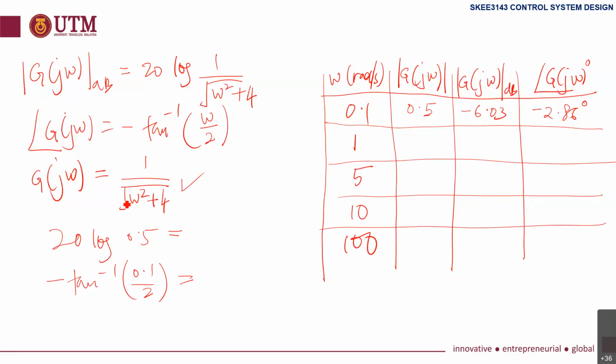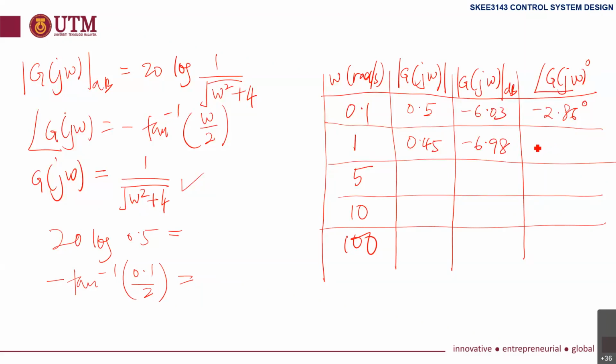So now 1 over square root 5. Maybe also near 0.5. 1 over square root 5, 0.45. Okay. dB, 20 log 0.45. In dB, negative 6.99, yeah.